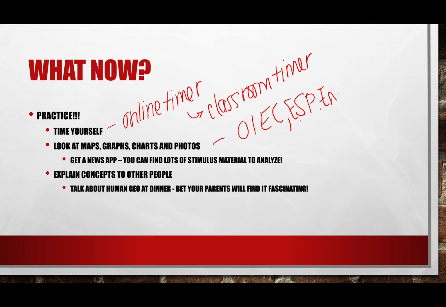I was just watching a movie yesterday and I was like, oh my gosh, if I could isolate little sections, but I'm not that technologically amazing. I would totally give this to my kids, right? So try and explain things to other people. If you can explain it to someone, then you have a better handle on it. That means that you actually know what you're talking about if you can explain these concepts to people. So that's going to be your job, guys. Make sure that you do that, all right?